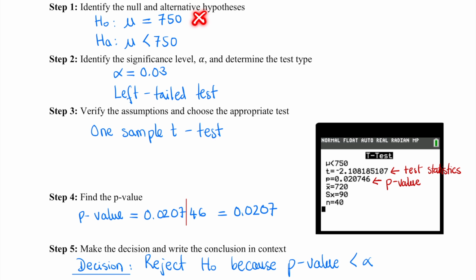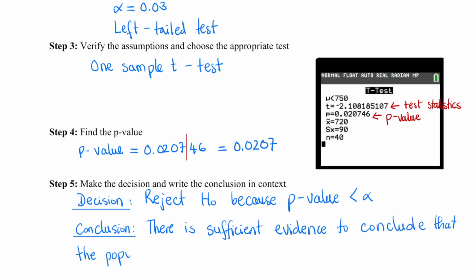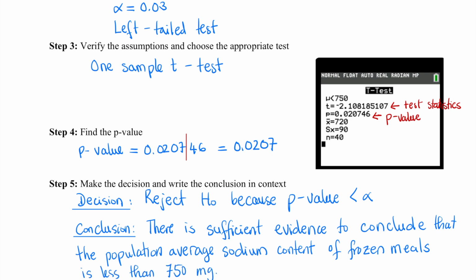That means we will support HA. So there is sufficient evidence to conclude that the average sodium content of frozen meals is less than 750 milligrams. Notice that we don't say we've proved the nutritionist claim is true. Instead, we say there is sufficient evidence to support the claim.